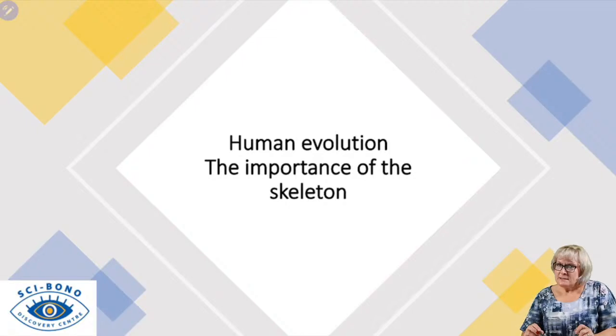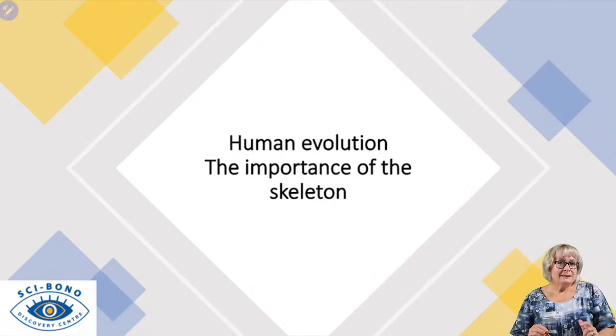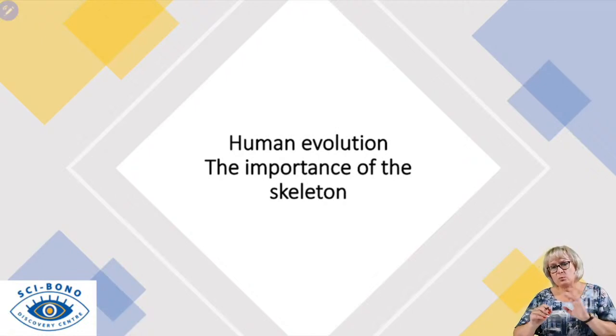Now, what is important for you? You have studied the skeleton of humans. And how is that important then in human evolution? We're going to look at certain structures and certain features that you must be familiar with. I know you've studied all the names of the bones in your arm and in your fingers and the bones in your legs.